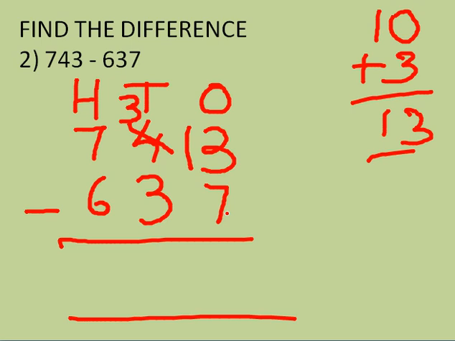After 13: 12, 11, 10, 9, 8, 7. So how many is it? 6. You can count it: 1, 2, 3, 4, 5, 6.